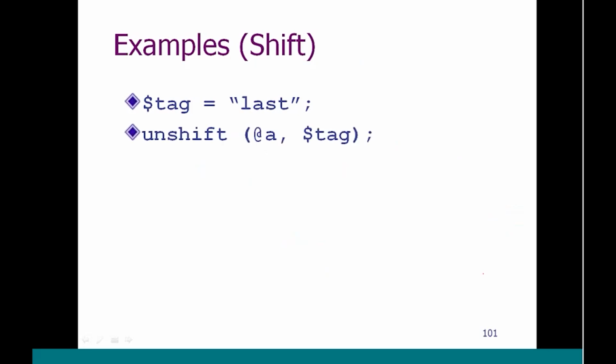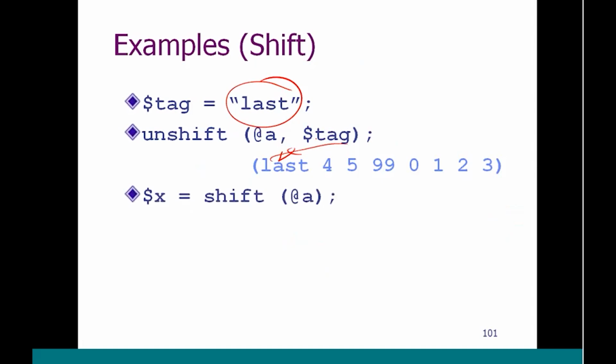Some more examples on the shift. If you unshift $tag, where the tag is defined as last, that gets added as the first element of the array.